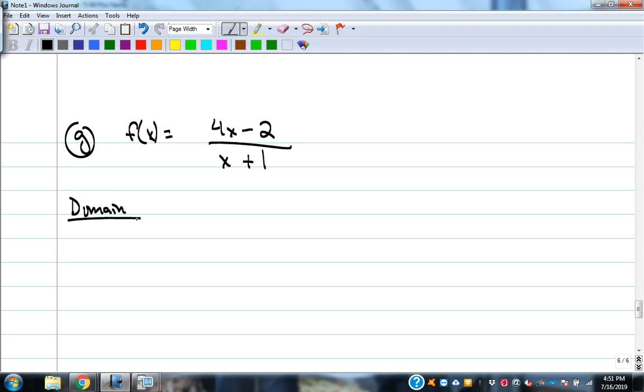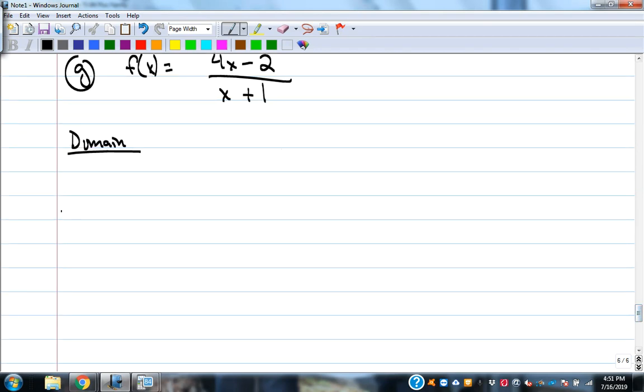And then I'm going to abbreviate all our asymptotes. We've got vertical asymptotes, horizontal asymptotes, and oblique asymptotes. So I'm just abbreviating VA for vertical, HA for horizontal, OA for oblique. And then we'll get the intercepts as well.